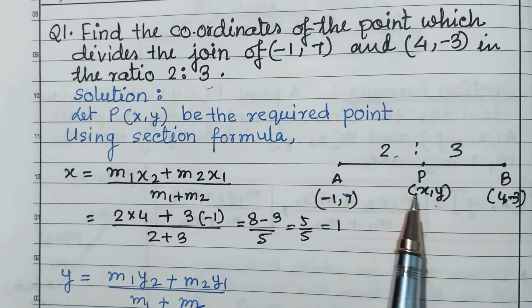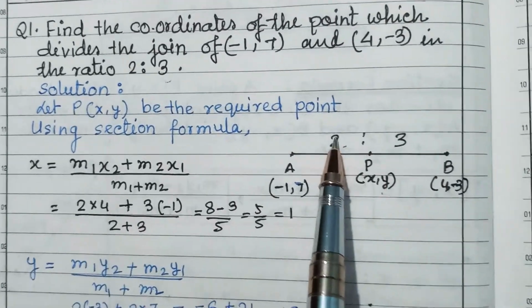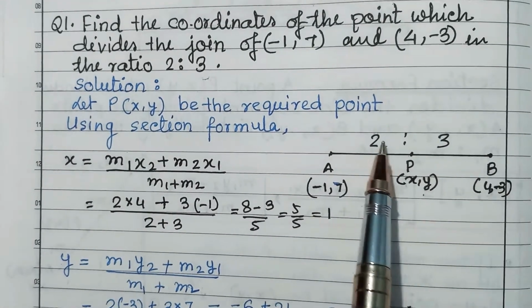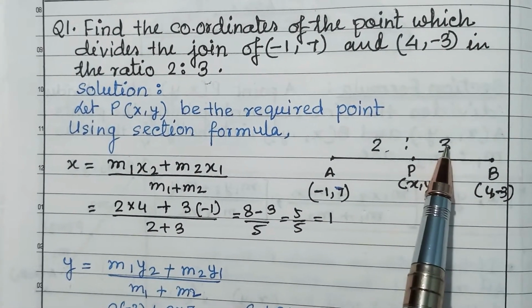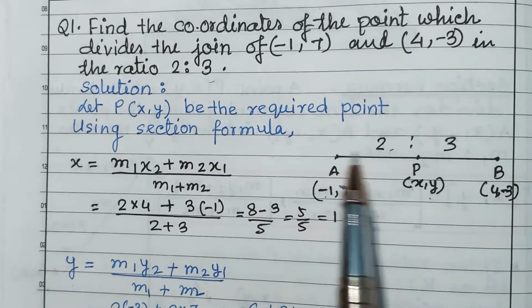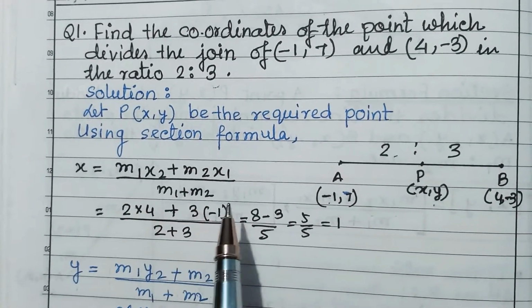So x is equal to, again we do the same, m1 x2 plus m2 x1 upon m1 plus m2. This is the formula.